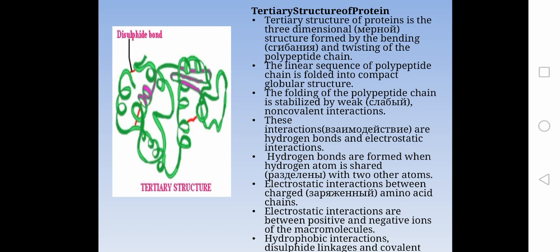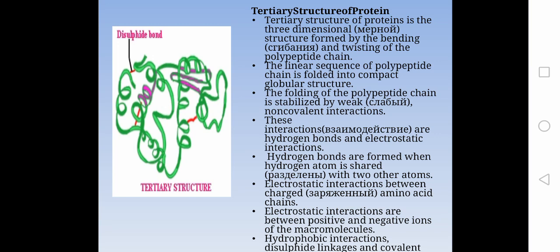Tertiary structure of protein. Tertiary structure of protein is a three-dimensional structure formed by the bending and twisting of the polypeptide chain. The linear sequence of the polypeptide chain is folded into a compact globular structure. The folding of the polypeptide chain is stabilized by weak, non-covalent interactions.